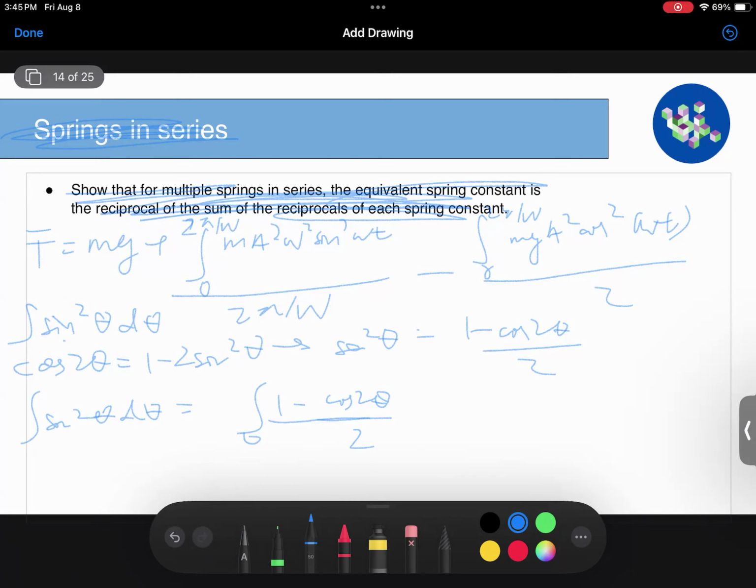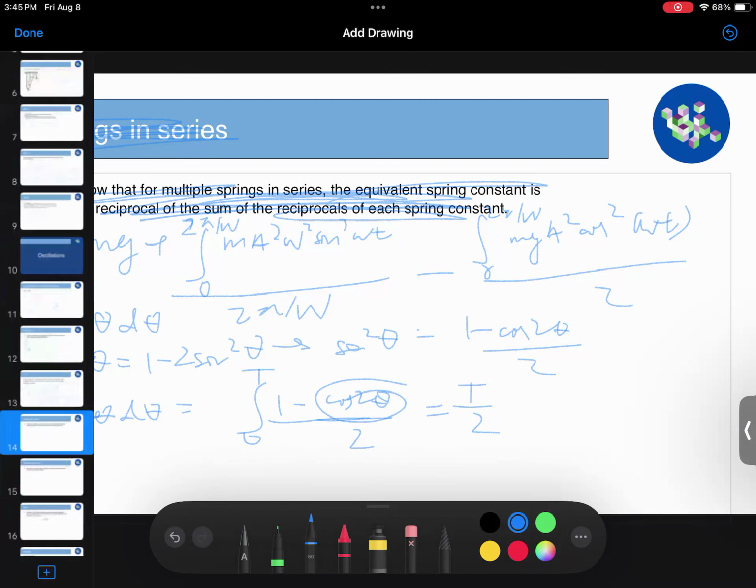Now my integration boundaries are from 0 to the period, right? Because I know that integrating this cosine 2 theta will turn into a sine, and at the two boundaries you'll find that they both evaluate to 0. So the result of this is just T over 2, right? Now I want to plug this in. This is our result, okay?